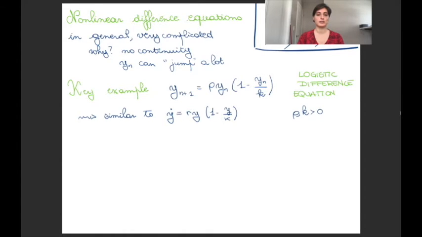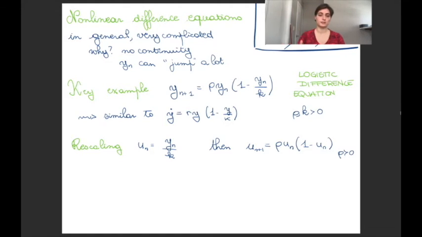And we're going to be looking at this difference equation called the logistic difference equation. It is built on the continuous model for population dynamics that we worked on, but this is the discontinuous version. So we have yn plus 1 is equal to rho times yn times 1 minus yn divided by k, where rho and k are both positive.